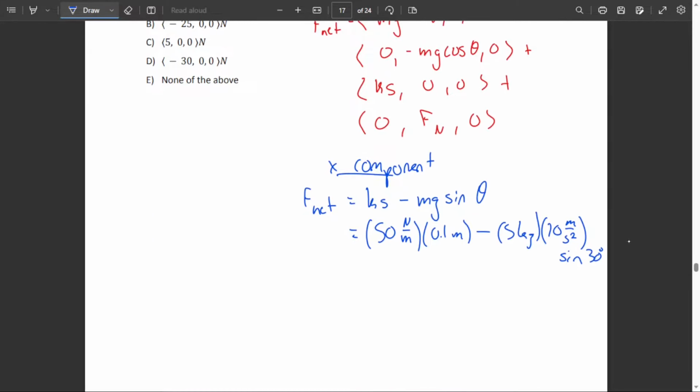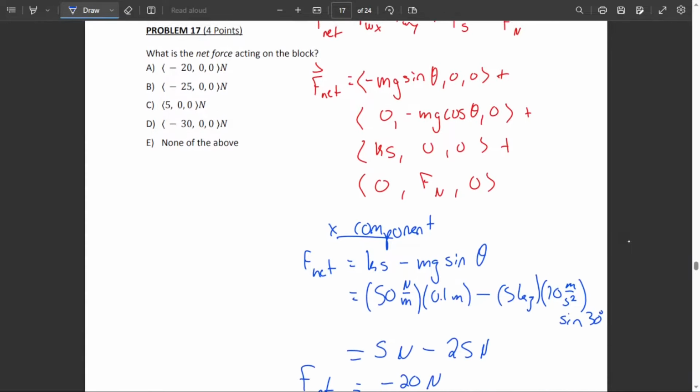Alright. And then this gives us 5 minus 50 sine 30. Sine of 30 is what? 1/2? Yeah, 1/2. So 5 times 10 times 1/2, 25 newtons. So F net in the x direction is minus 20 newtons.